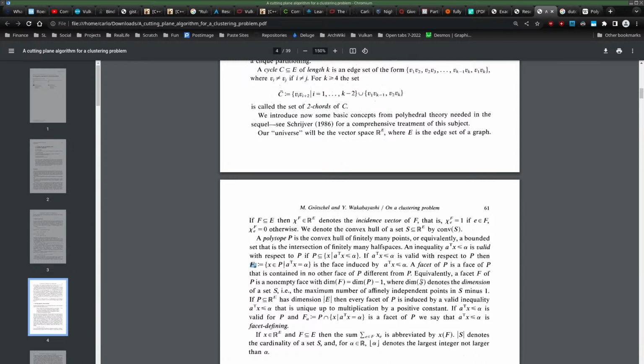The dimension of S denotes the dimension of a set S, i.e. the maximum number of affinely independent points in S minus 1. That is just multidimensional speak. But as long as you keep it in 3 dimensions while you imagine this, then they're just saying that the facet is 2 dimensions.